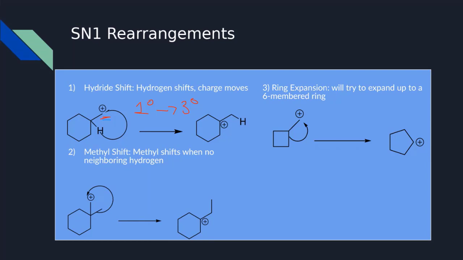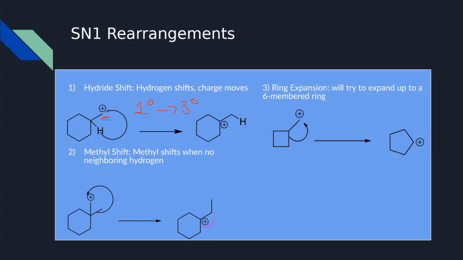We're also going to consider a methyl shift, the same sort of rearrangement, where our methyl can come up if there's no hydrogen available and shift to the position of that positive charge, letting the positive charge come down as now there's no bond here to provide those electrons.